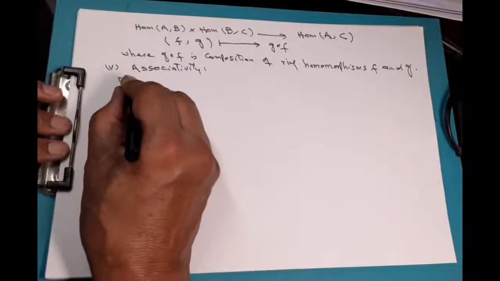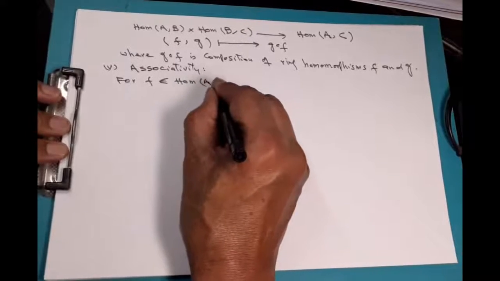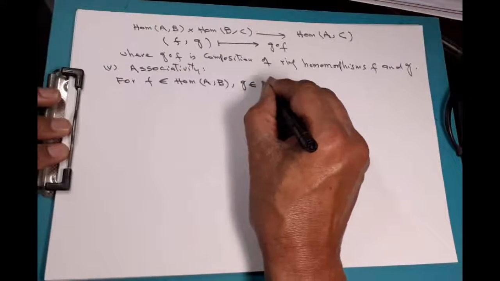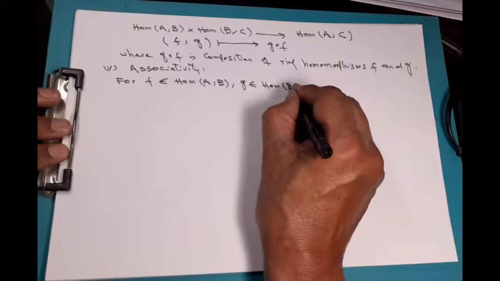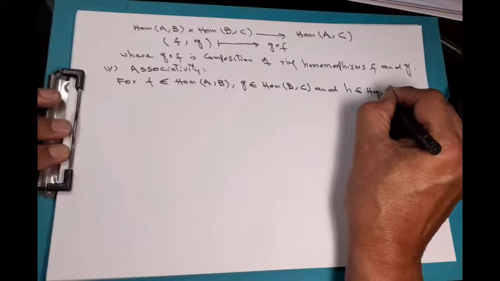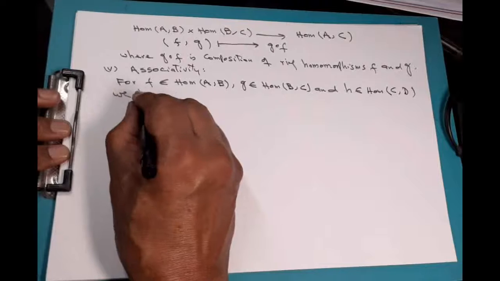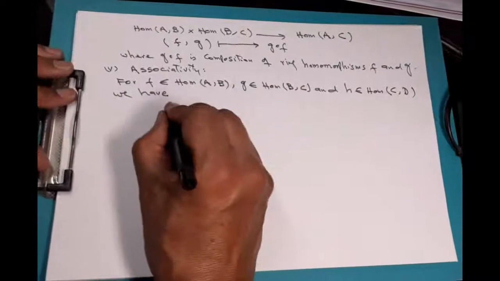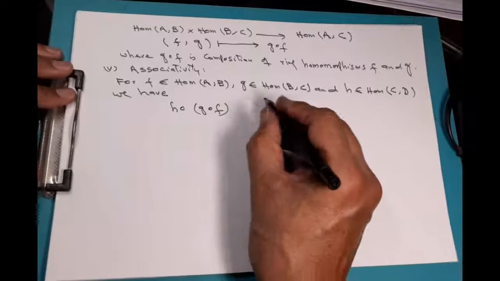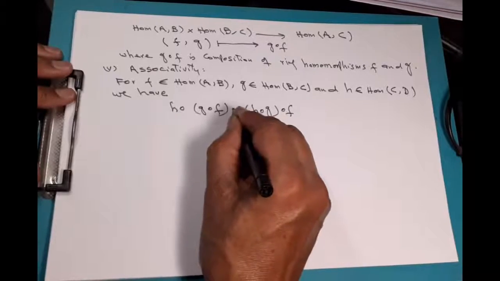So for f belonging to Hom(A,B), that is, f is a ring homomorphism from ring A to ring B, and g belonging to Hom(B,C), and h belonging to Hom(C,D), we have: if we compose h with the composition of g and f, or we compose the composition of h and g with f, both results are equal.